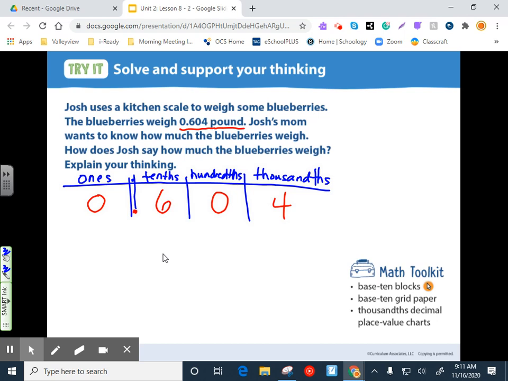Okay. So to name this, we look at the smallest place value that has a digit, which in this case is this one right here. So it's thousandths. And then you read the number off to the right of the decimal. So if we look at that, that's 604.